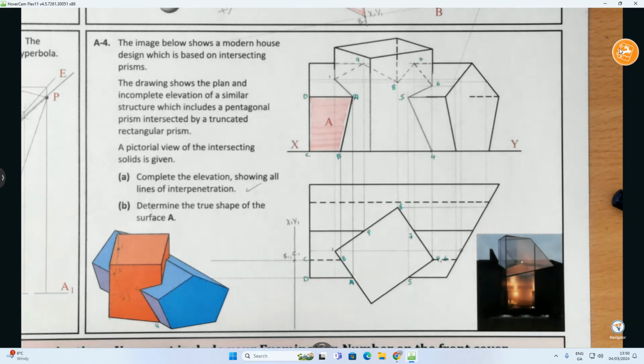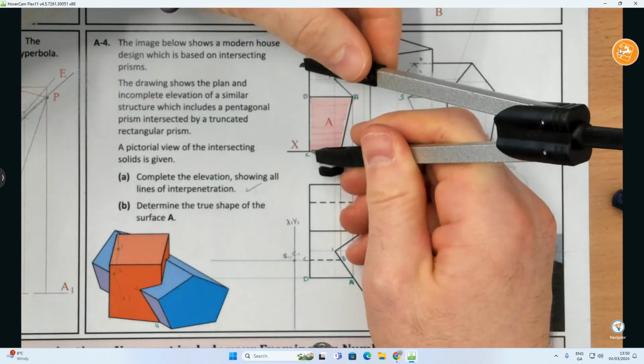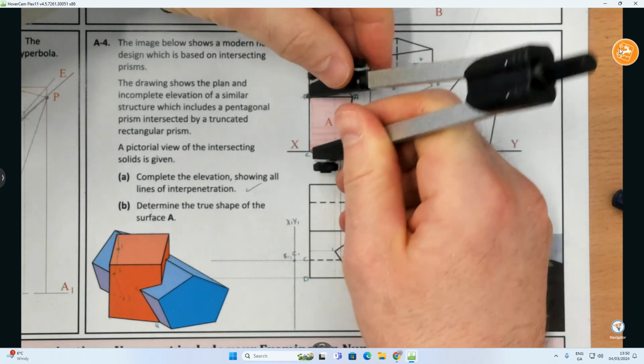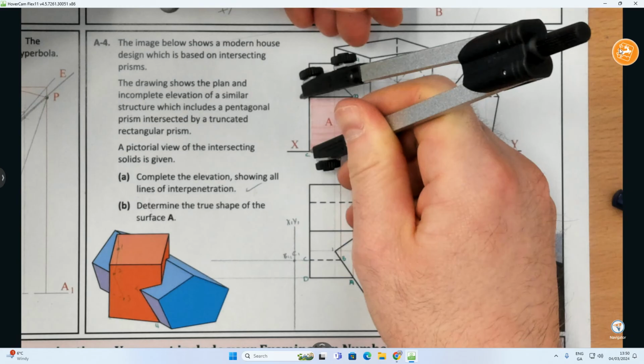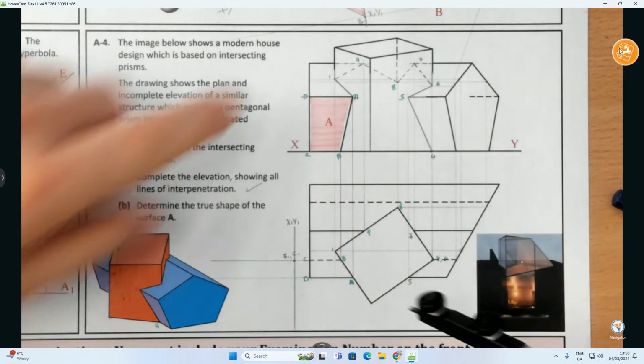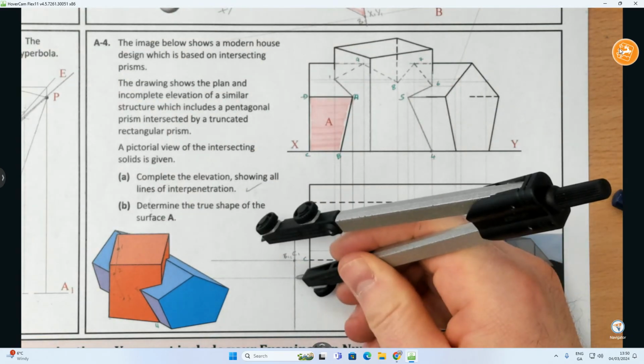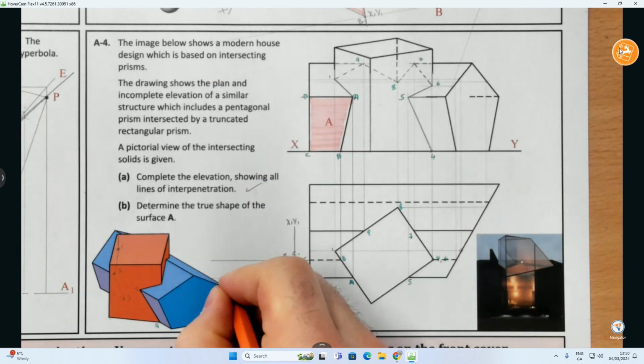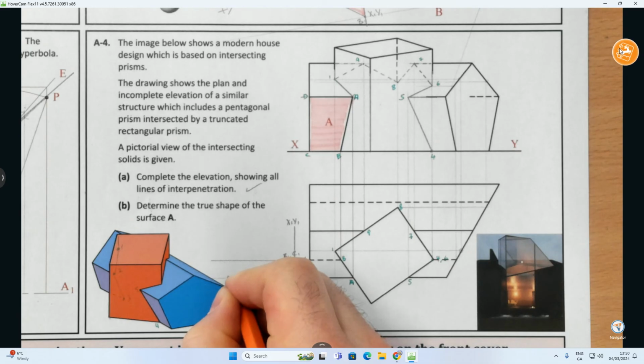So I'm going to take my heights. I can find my compass there for the elevation. This is very similar to the last question where we're going to rabat it and see the true shape. So I took the height from C up to D, or the ground XY line up to D. So there we have A1, D1.